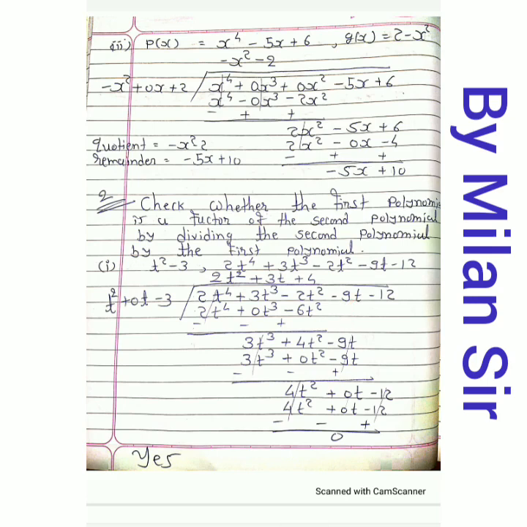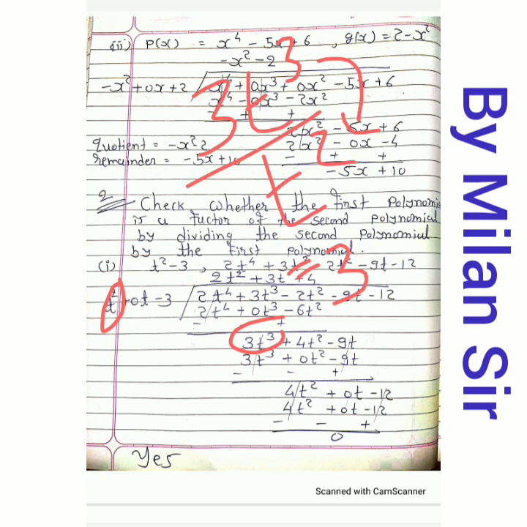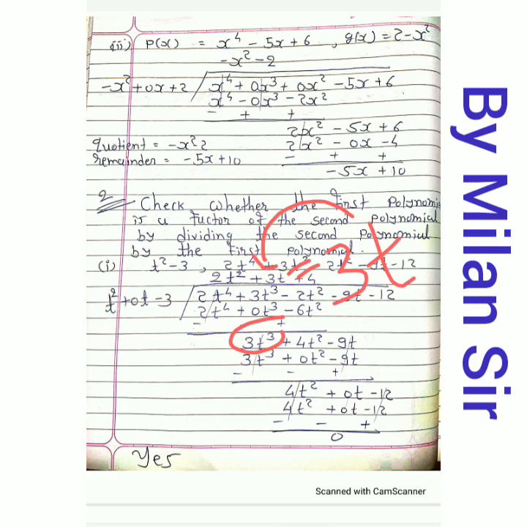Again the same process: divide the first term by the first term, 3t cube divided by t square, so 3 as it is, and we need to subtract the exponents. 3 minus 2 is 1, but no need to write 1 here, that's why only 3t, so I have written here plus 3t.